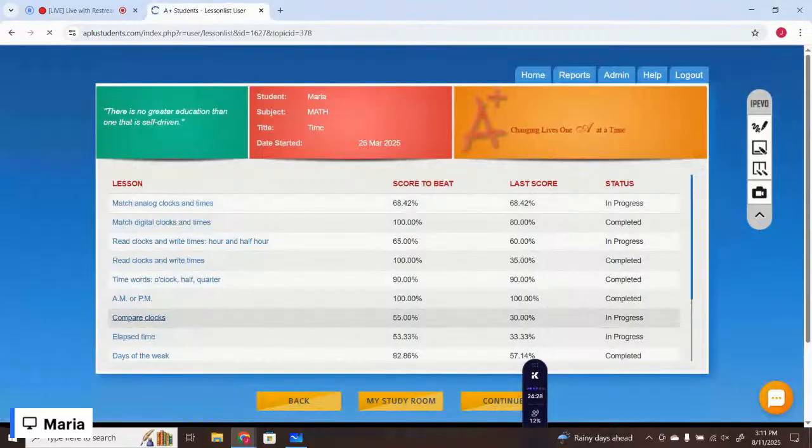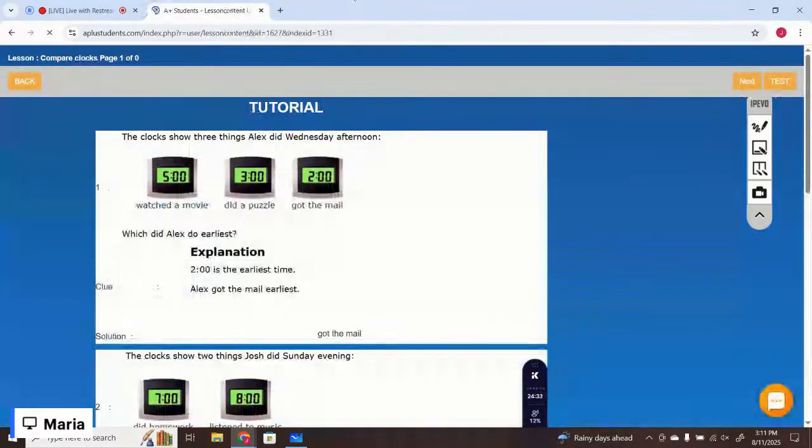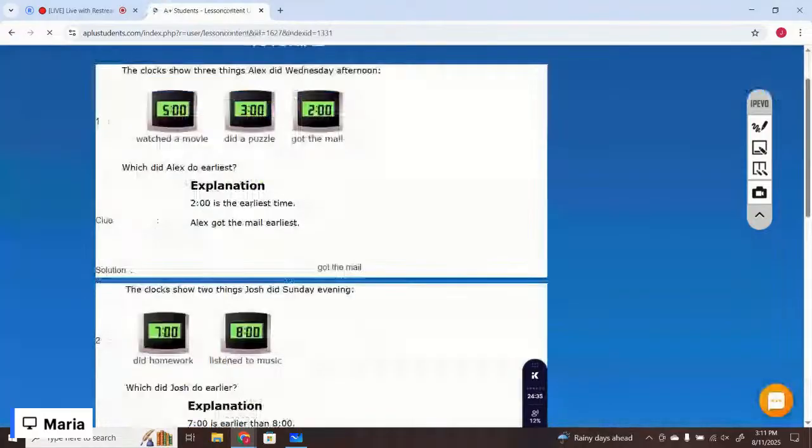Compare clocks. Let's just start with the lesson. The clock shows three things Alex did: watched a movie, did a puzzle, and got the mail. Which did Alex do earliest?